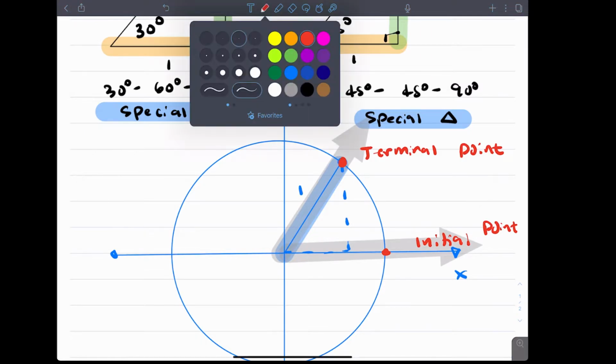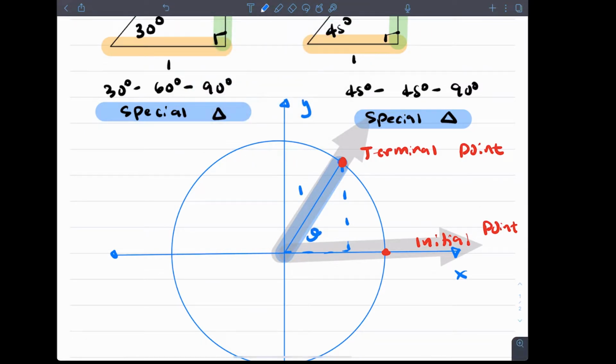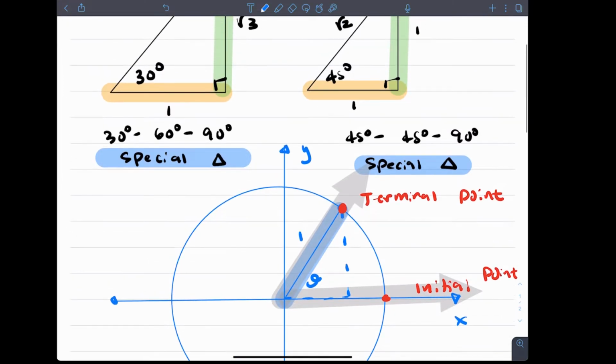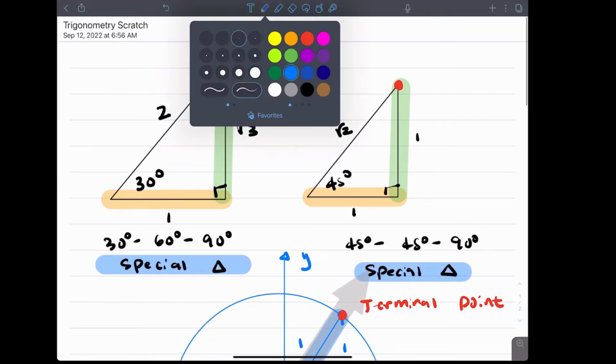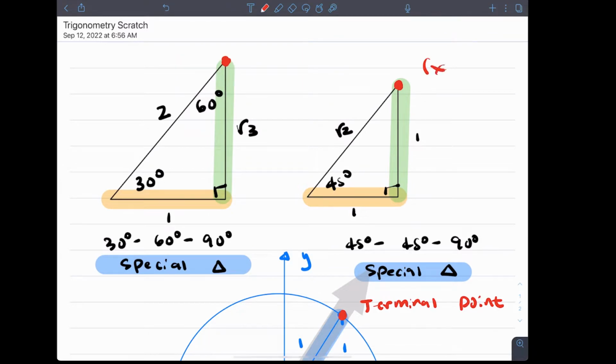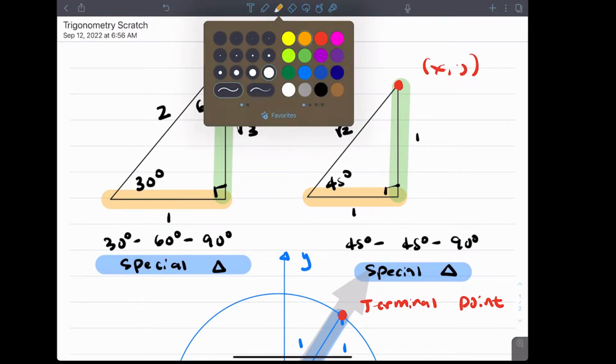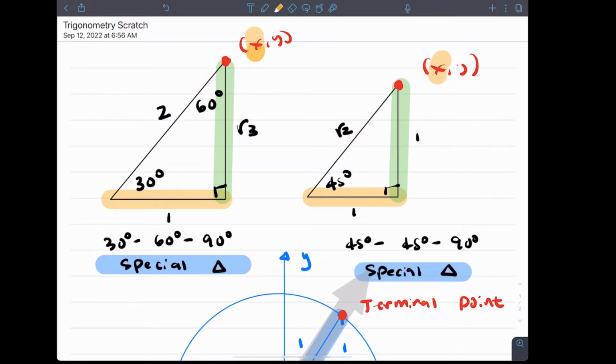And here's that angle here, theta. Theta's positive again. All these pictures we've been looking at over and over. The point I want to make to you guys is this location is your terminal point for these triangles. You got the x coordinate and you have the y coordinate.